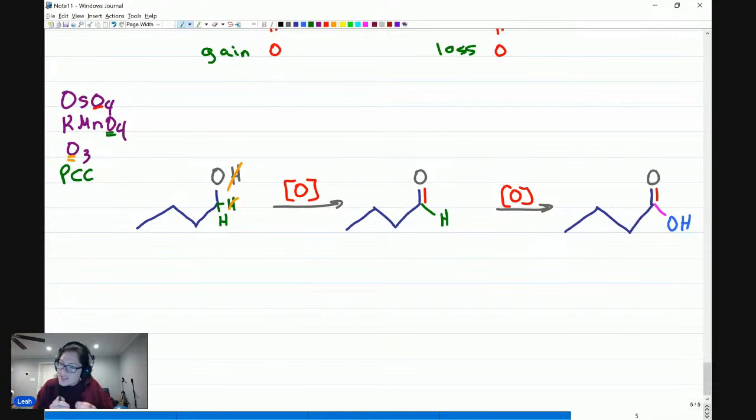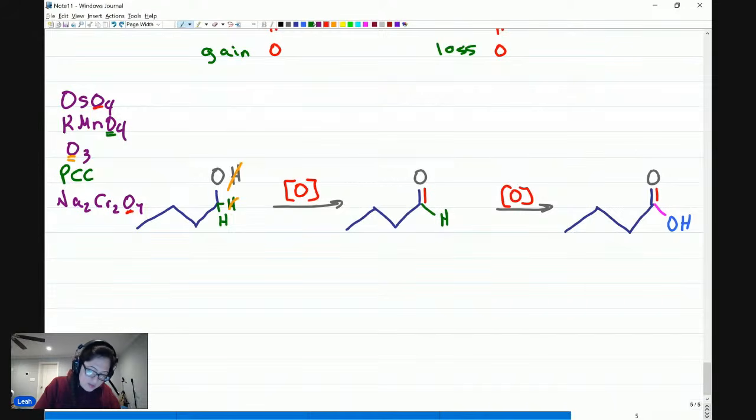I don't really see the oxygen there, but if you look up the structure for PCC, it's pyridinium chlorochromate, and that chromate has a lot of oxygen. PCC is the cousin of Na2Cr2O7. That's the chromium, and that has more oxygen. That is a lot of different oxidation reagents that will give us oxidation.